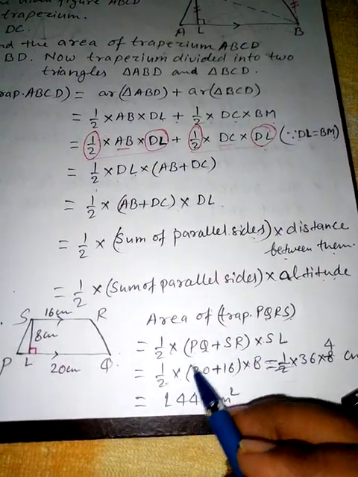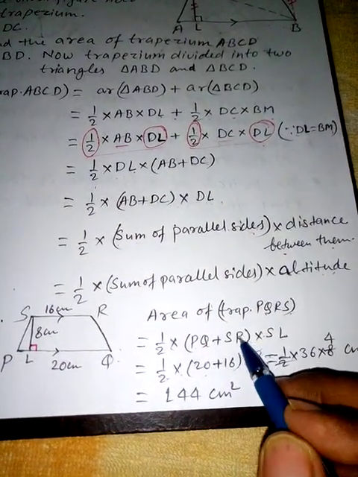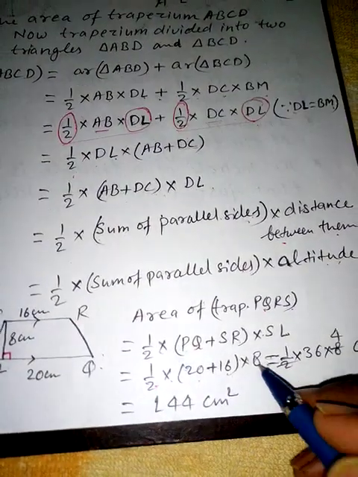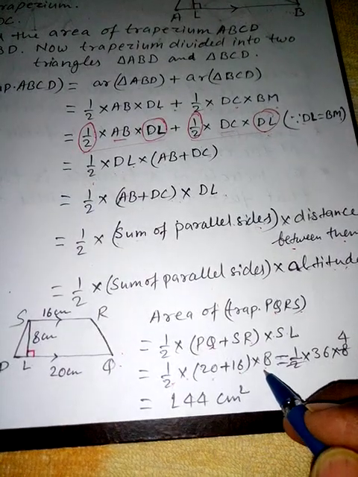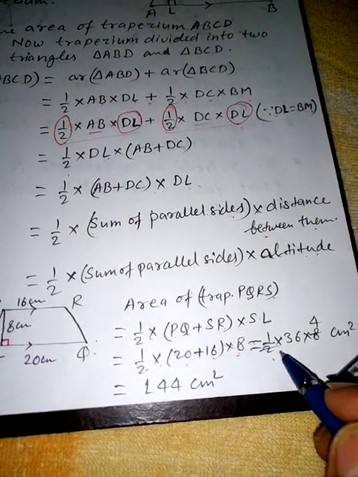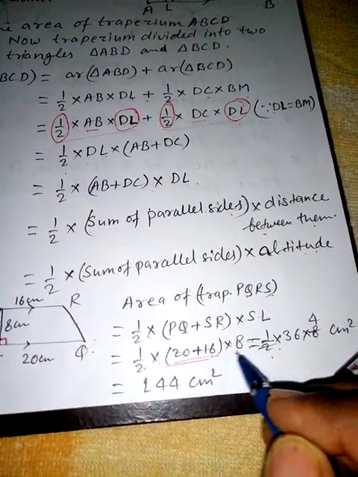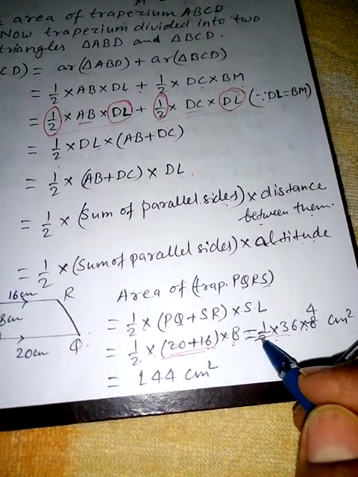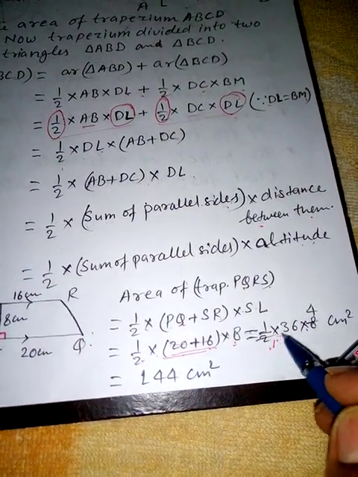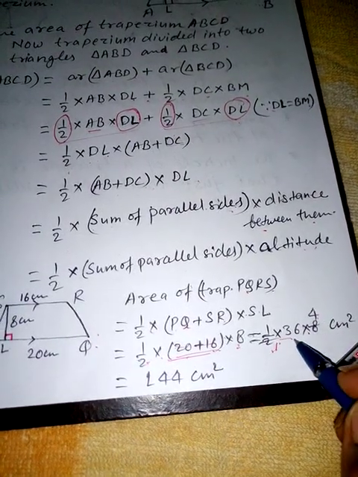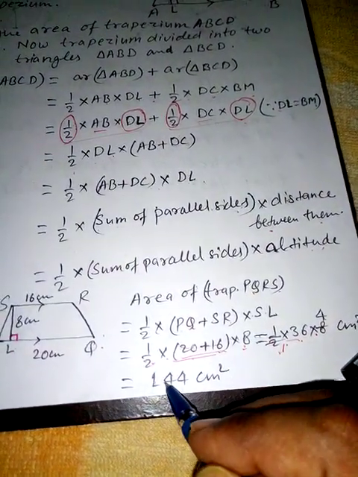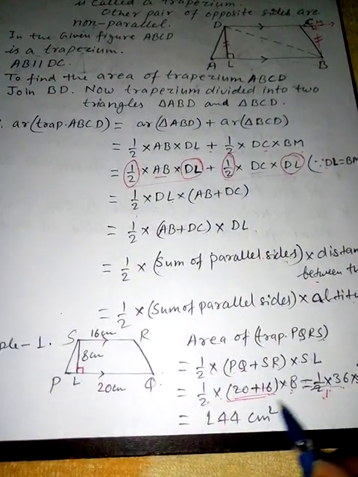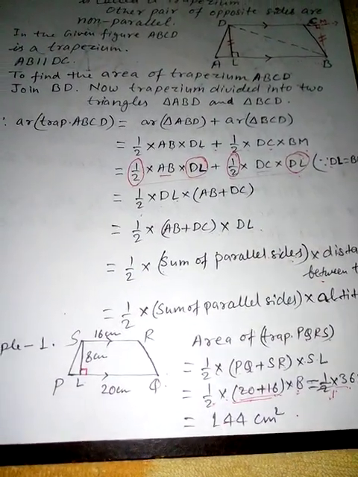So 1 by 2 into PQ as 20, SR as 16, into SL 8. So 1 by 2 into the sum of these two, 36, into 8. Now when you cut it, 2 ones are 2, 2 fours are 8. Finally 36 into 4 is 144 centimeter square. So this is the way to find the area of trapezium.